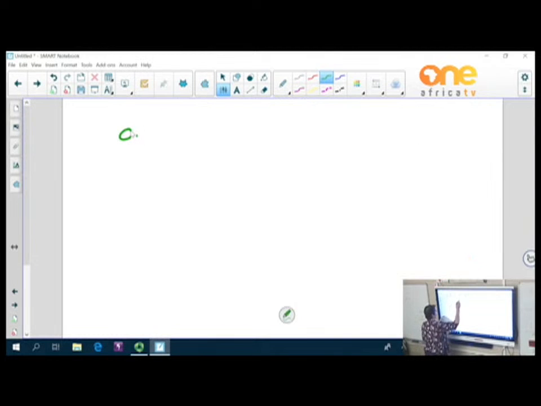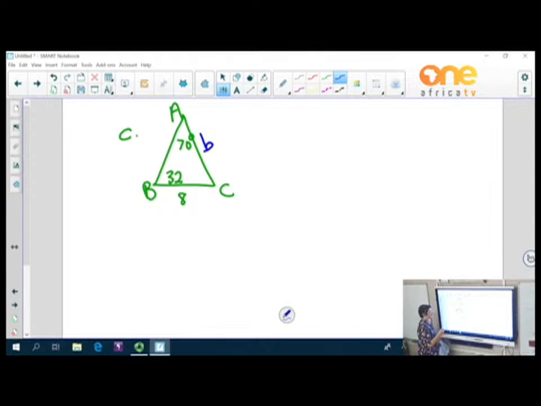In triangle ABC, so I draw the picture so that I can see which one is which one. Now they say the small letter a is 8. Angle A is 70 degrees, and angle B is 32 degrees. And we have to find this one, the small letter opposite the angle, is equal to 8 over sine 70 degrees.